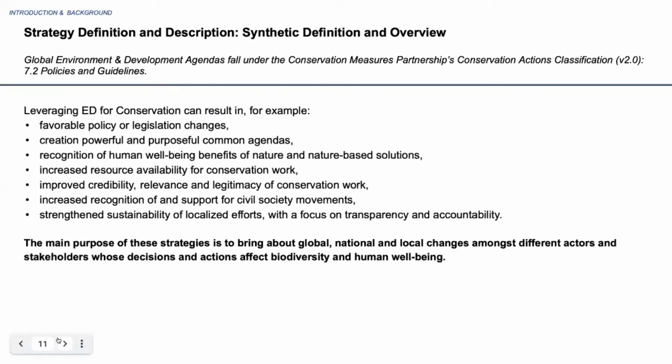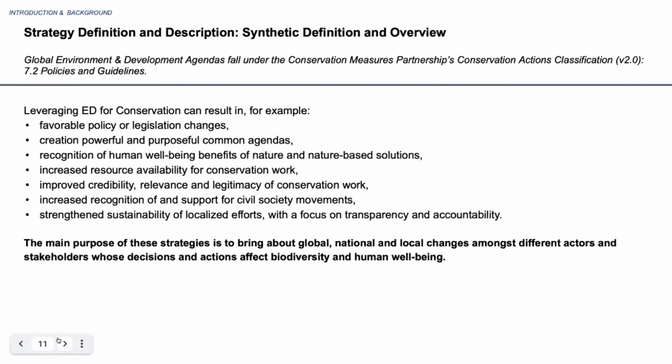We felt that when leveraging these agendas for conservation, the results could be more favorable policy or legislation, creating powerful and purposeful common agendas that can be shared at different scales, and a way to recognize more explicitly the human well-being benefits of nature and nature-based solutions.